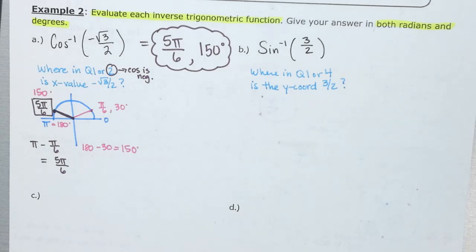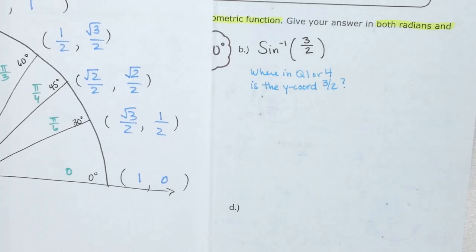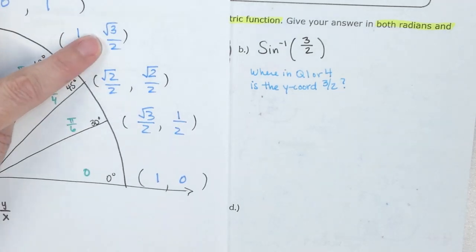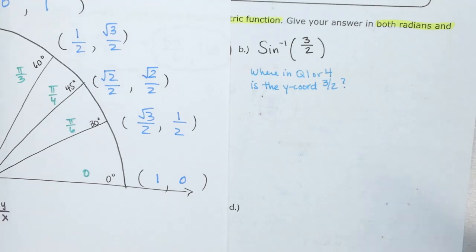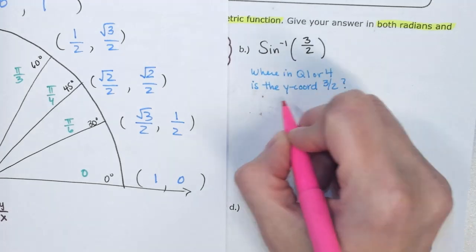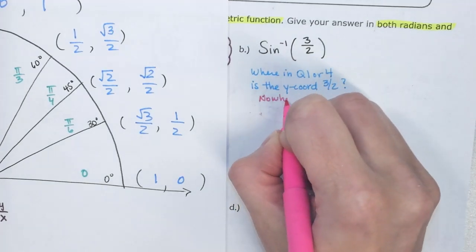If I'm looking at my circle, I have a root 3 over 2 for y, but do I have 3 over 2 anywhere for my y in quadrant 1? No. Where is it? Nowhere.